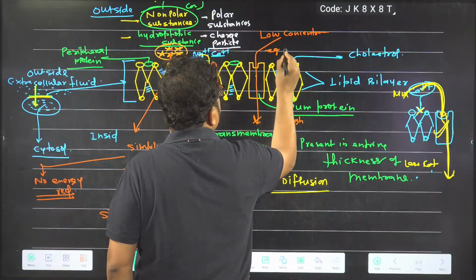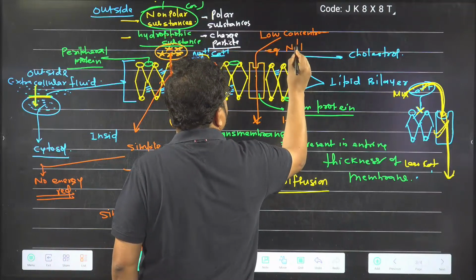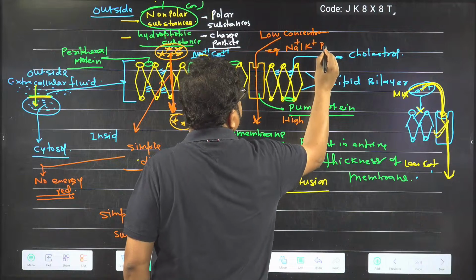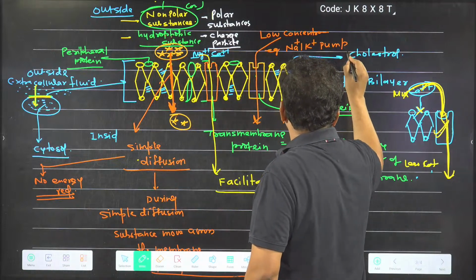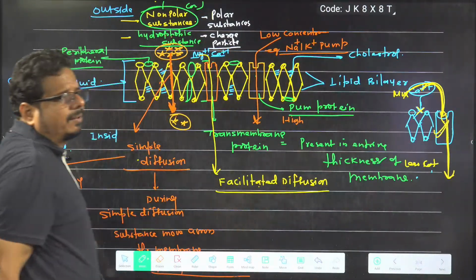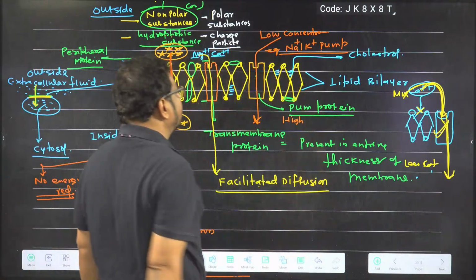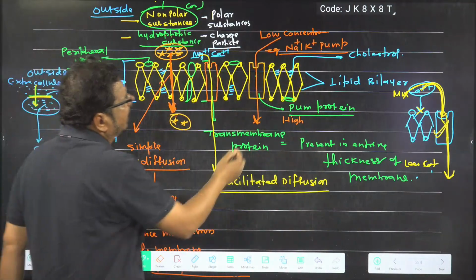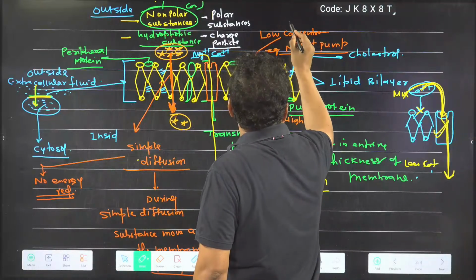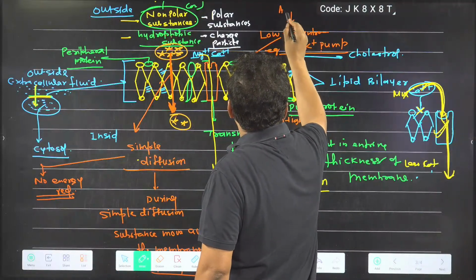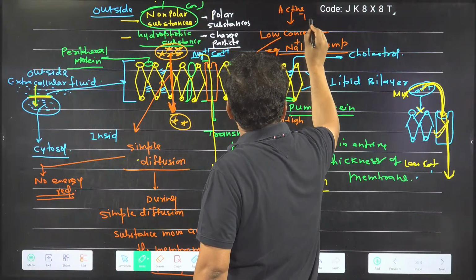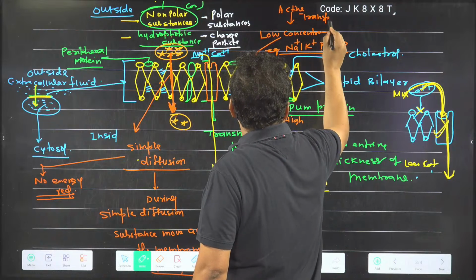An example of active transport is the sodium potassium pump. You will study the sodium potassium pump in detail in the nervous system, in the zoology topic. Simply, I am writing the example. The sodium potassium pump is an example of active transport. So three types of things we have seen.